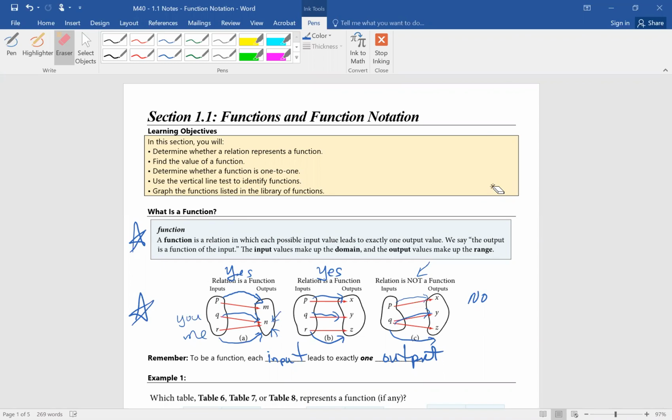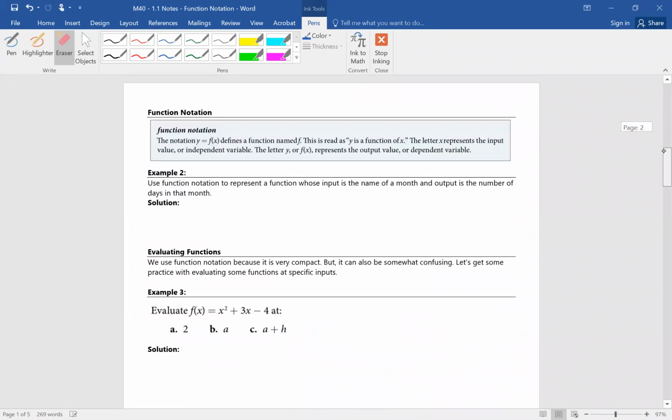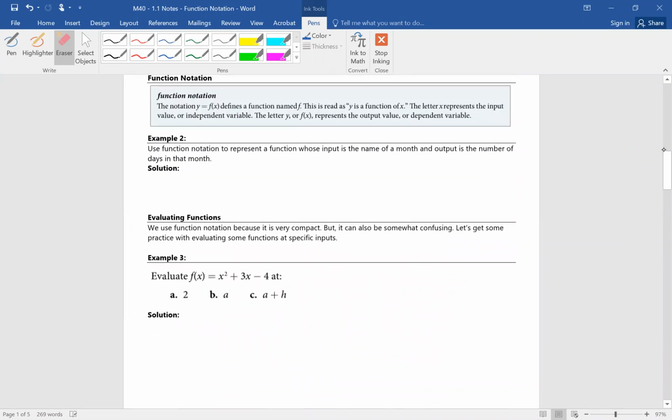So I'm still talking about 1.1 here. And if we go back, that's the first page. If you go to the second page, it talked about the definition of a function, and now they're going to formally introduce something called function notation. So in function notation, they're going to make it look like this: y equals f of x.